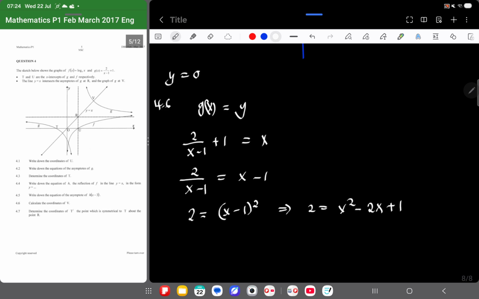We know how to expand quadratic functions. And then 0 equals x squared minus 2x. 2 goes to the other side, and I get a negative 1. Try to factorize that. x, I want 1 and 1.